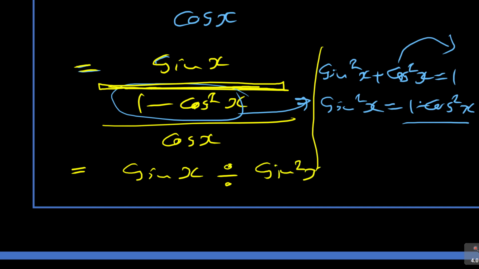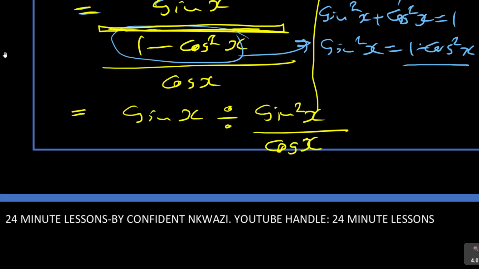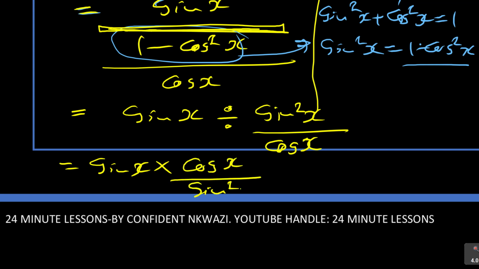Sine squared x over cos x. You know why I'm doing it? So that I can say equal to sine x times, see when you flip it, cos x over sine squared x. See how I mean when I'm saying I can flip it. Then from there, I can cancel.